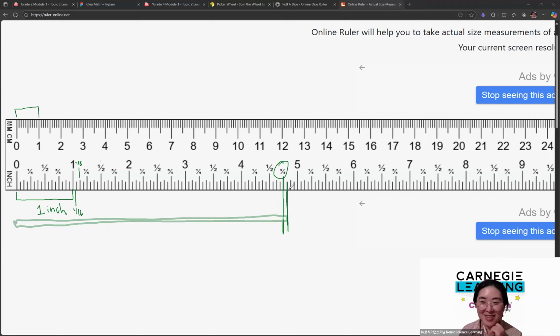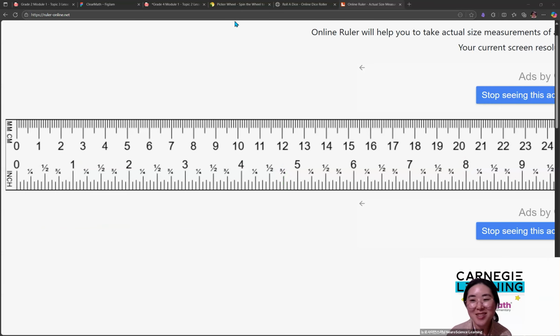Okay. Then I can get it. What number is it closest to? Around 8 inches? Great. Yes. So now you know what people are talking about when they talk about inches. This is what is used in the USA.